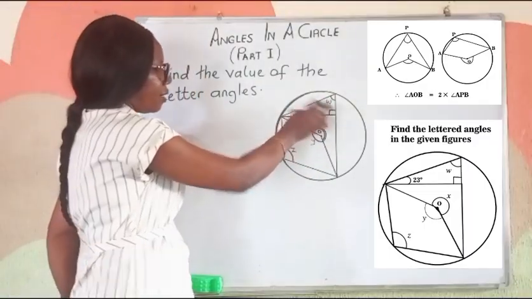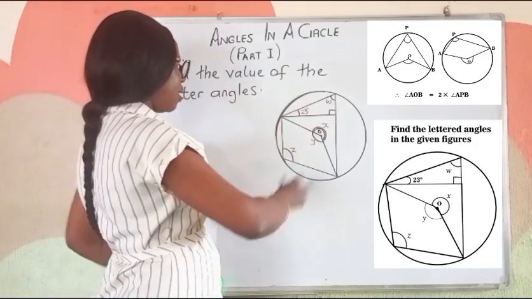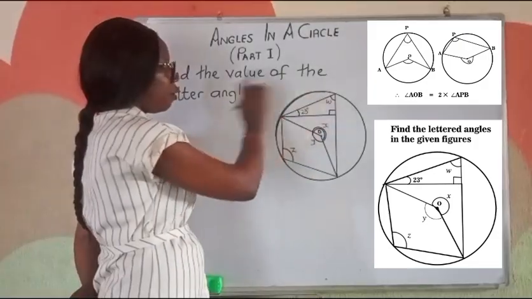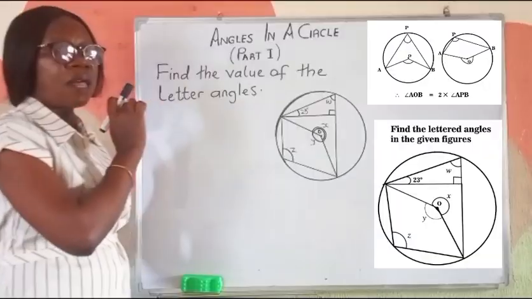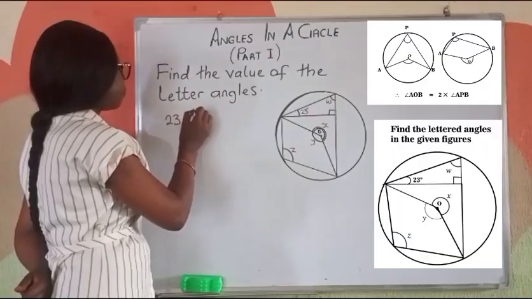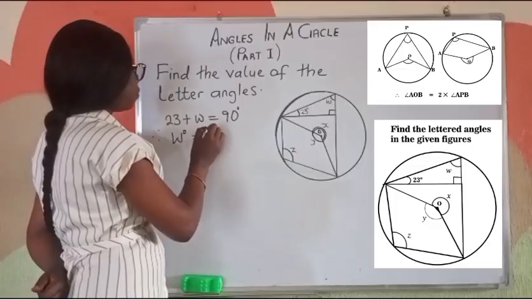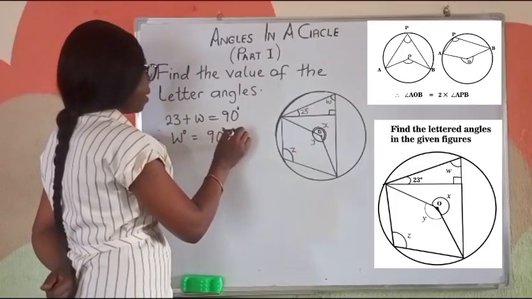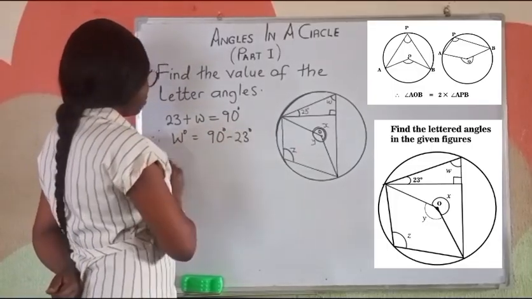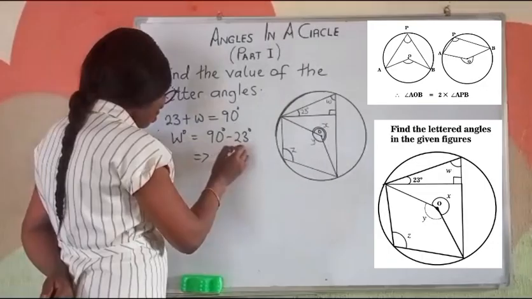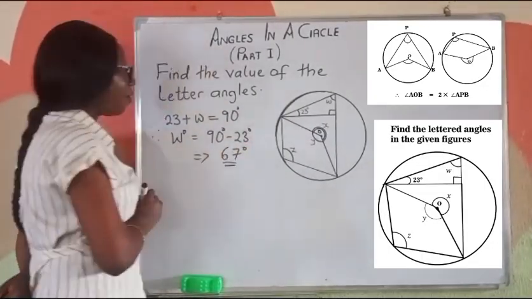This angle here is 90 degrees because this is a right angle. Therefore, 23 plus W is going to give us 90 degrees. Therefore, angle W is equal to 90 degrees minus 23 degrees, which gives us 67 degrees. Right.